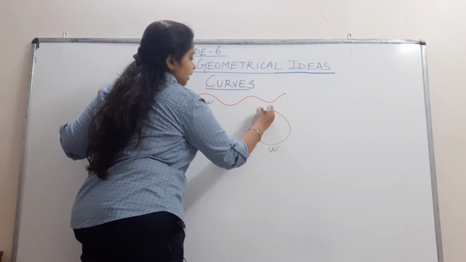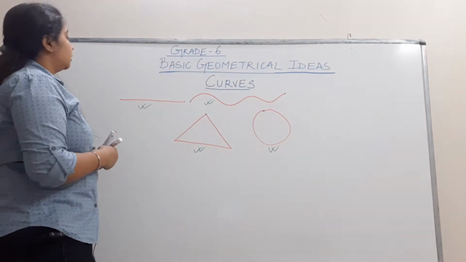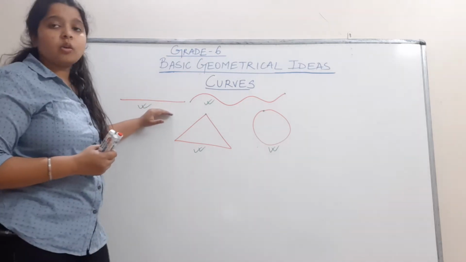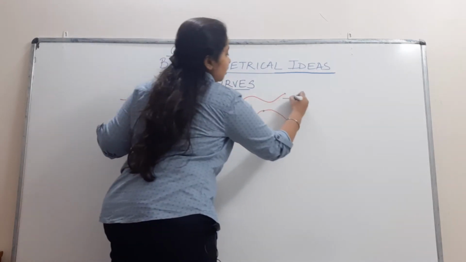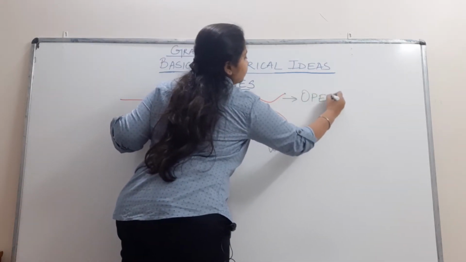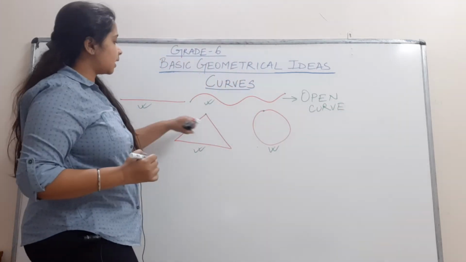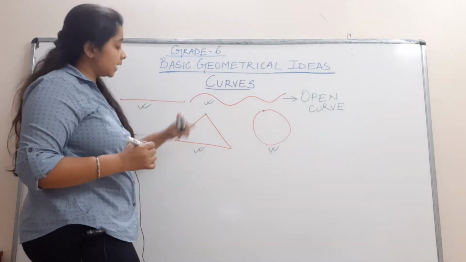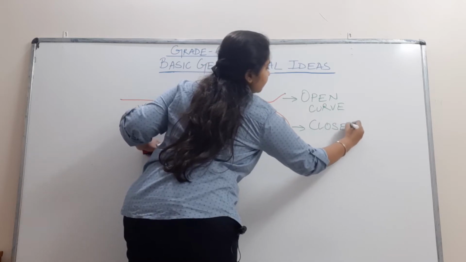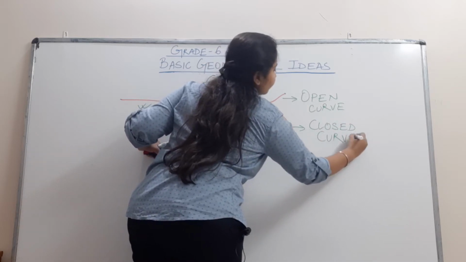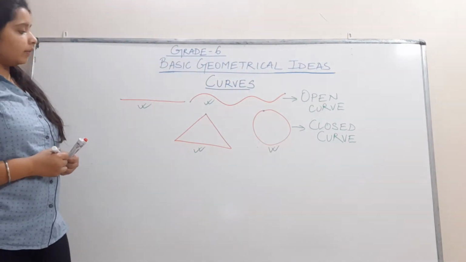Similarly, in this, the starting and ending points are the same. That means the curves of which the starting and ending points are different are known as open curves. And the curves of which the starting and ending points are the same are known as closed curves.